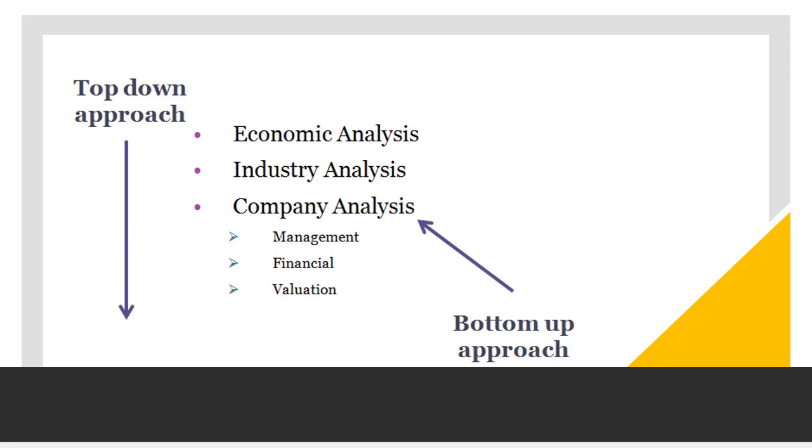So top-down approach, economic analysis. What is happening? Inflation and growth at a large scale. Where are the sources of growth? Where are the sources of inflation? What is happening to specific industries? Which industry is outperforming others? For example, right now, you don't need to be an economist.